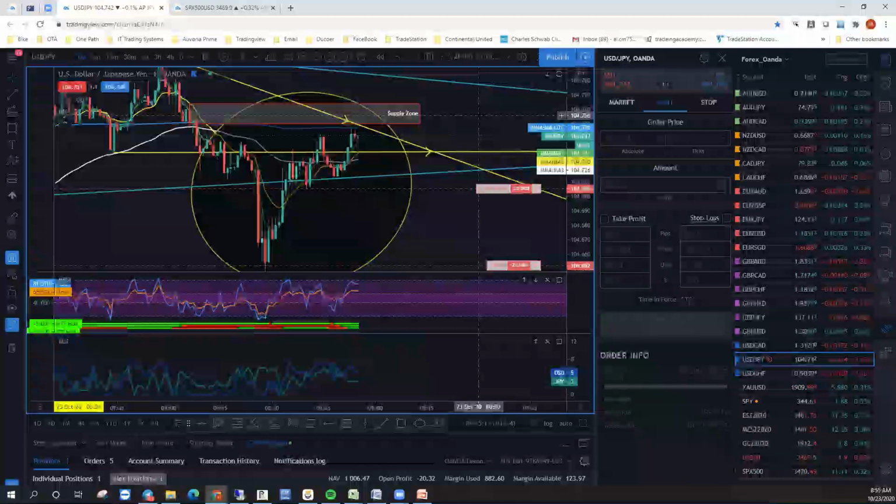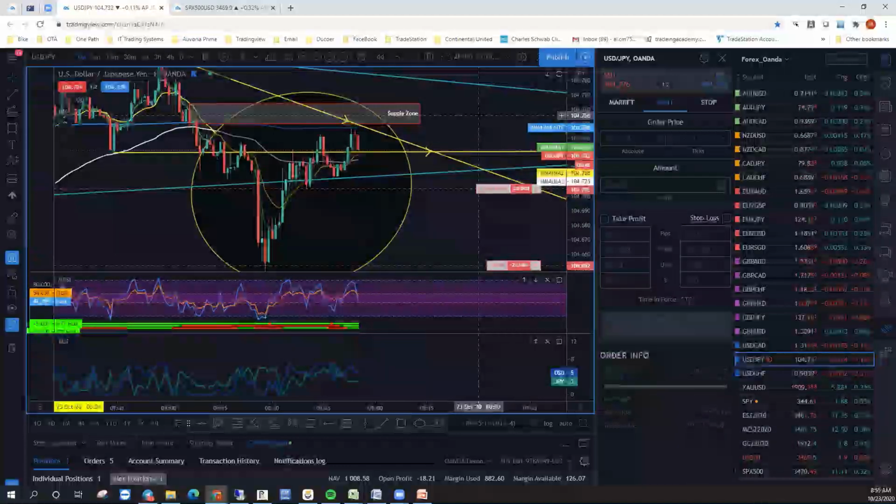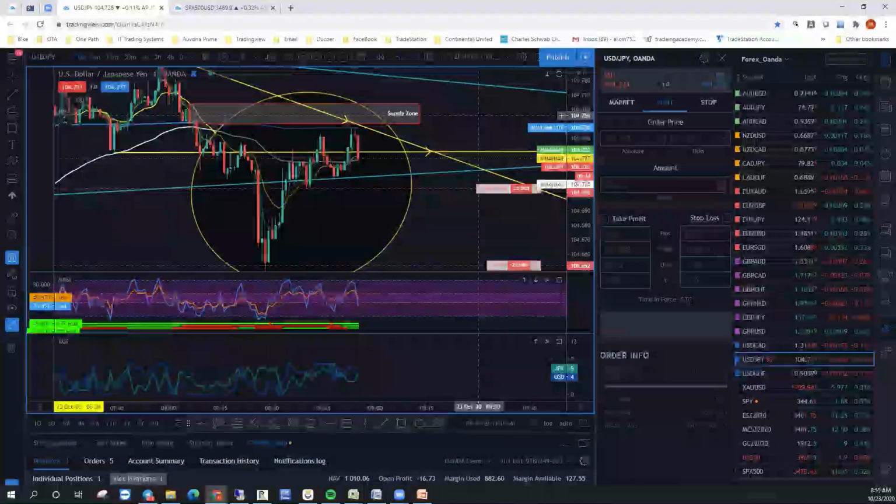If it breaks it, comes and tags it again and takes off, then, oh, look at that. What do we got here? Love the 62 at the 30-minute. Now it's bouncing at the 1 minute 62.